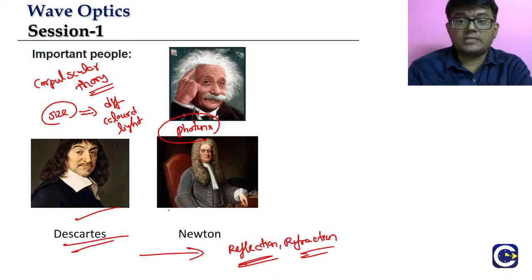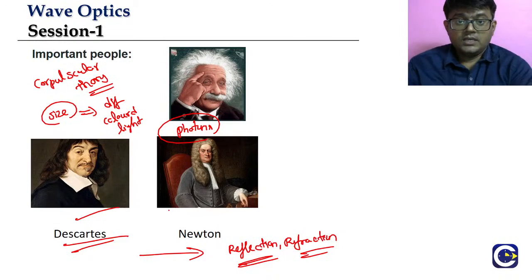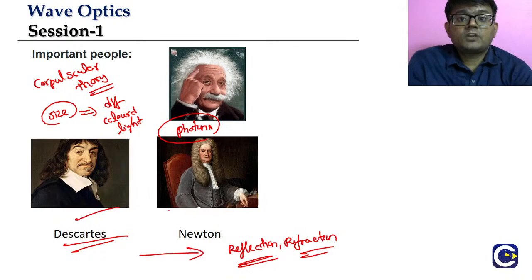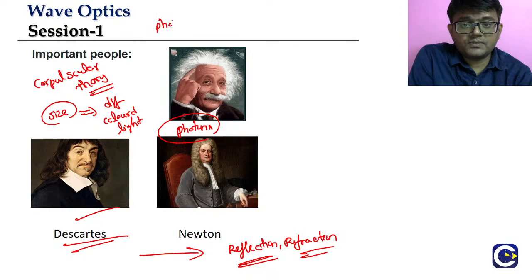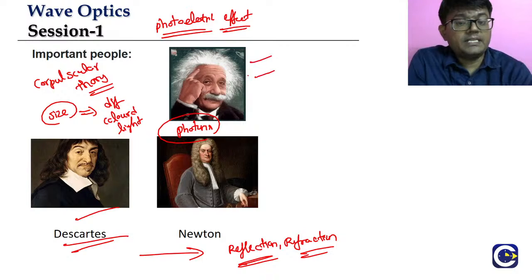In fact, we have studied about it in which chapter? In modern physics, the photoelectric emission, the photoelectric effect, okay. The explanation for the photoelectric emission or photoelectric effect is provided by Einstein's theory. And in that theory, he has considered that light is made up of what?